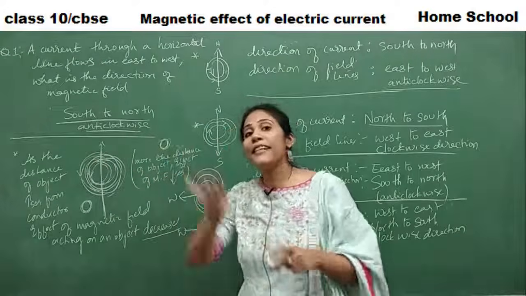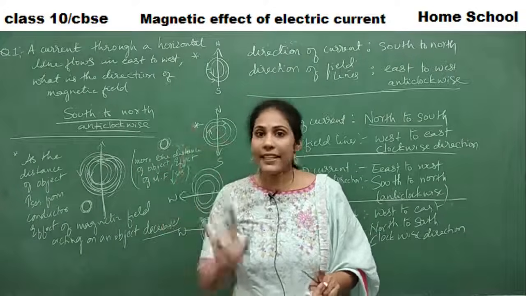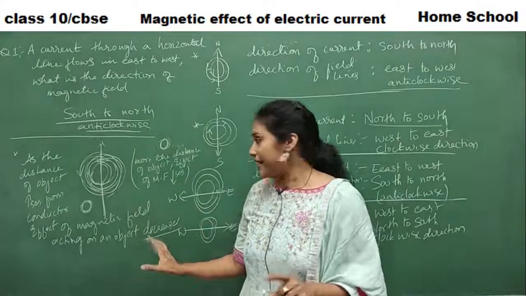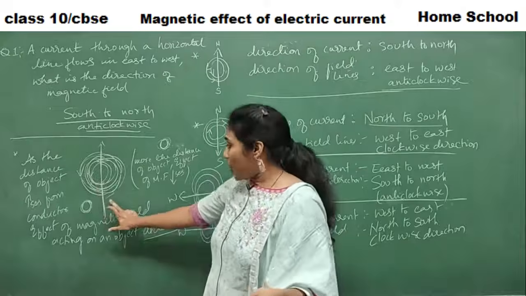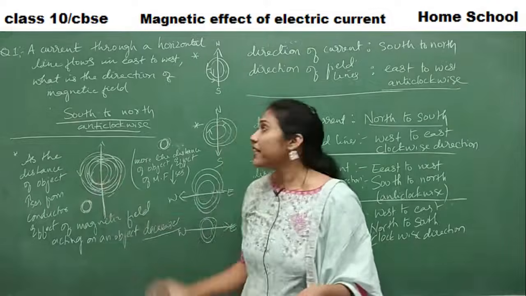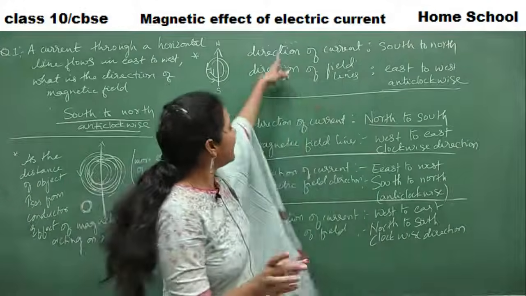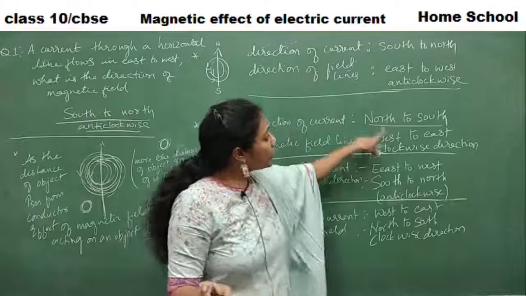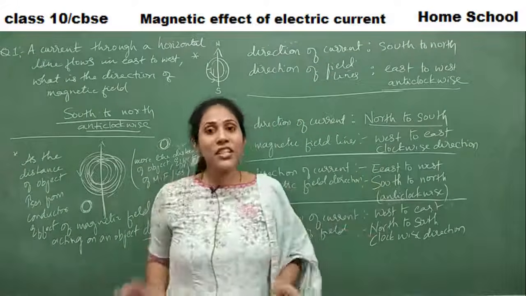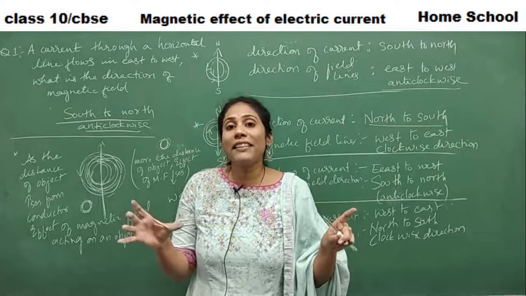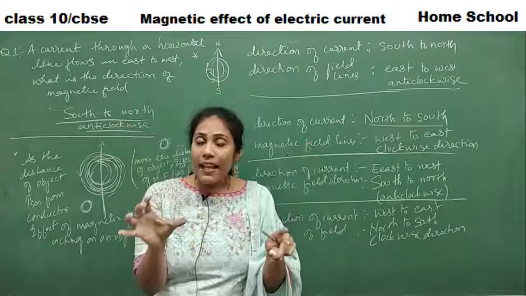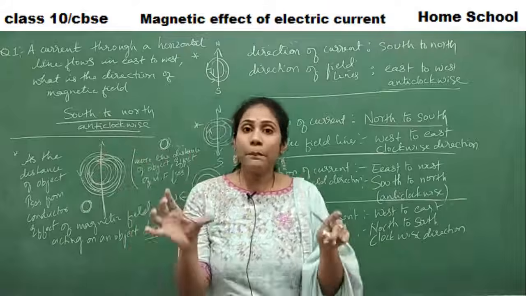When more current is flowing in a conductor. And the third point: direction of magnetic field line depends on the direction of current. If the direction of current is changed, direction of magnetic field lines also changes. And how do you find the direction of magnetic field lines? It is with the help of the right hand thumb rule.